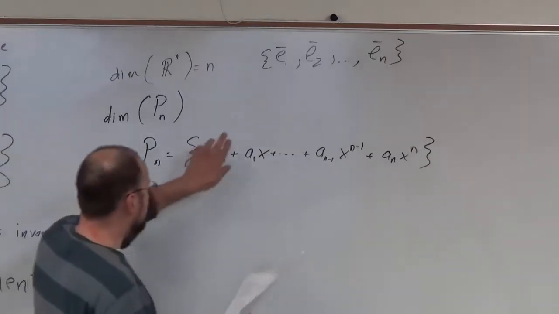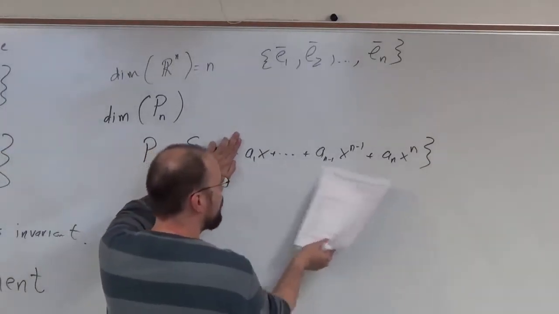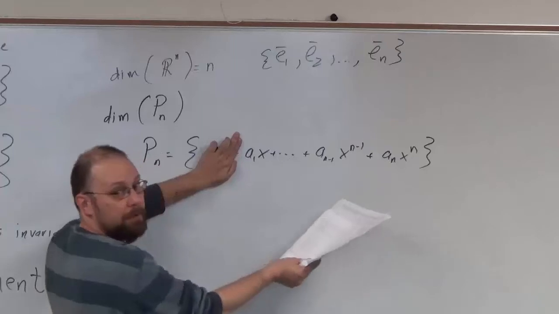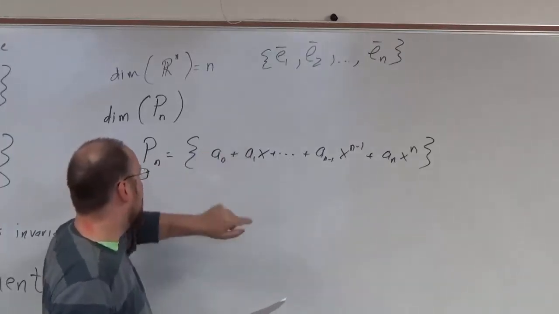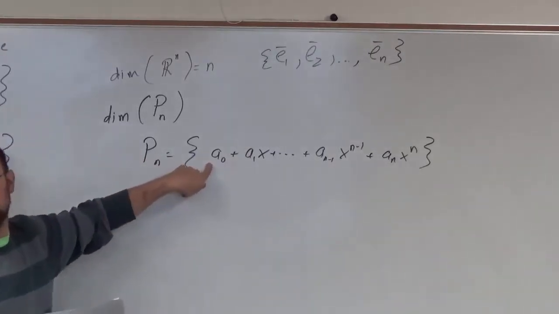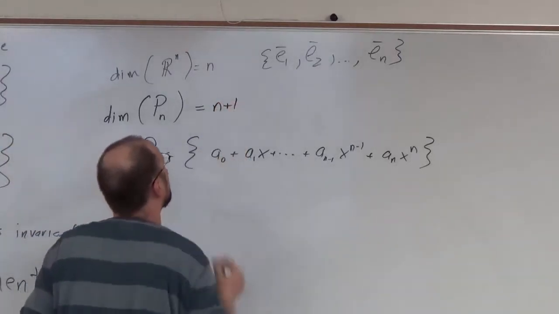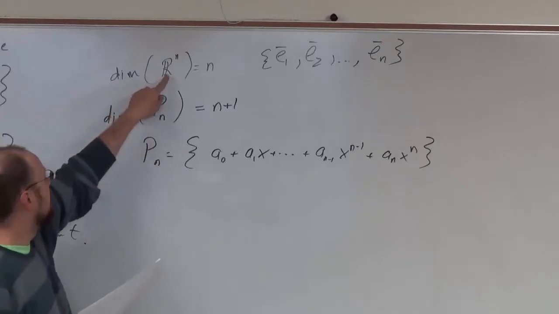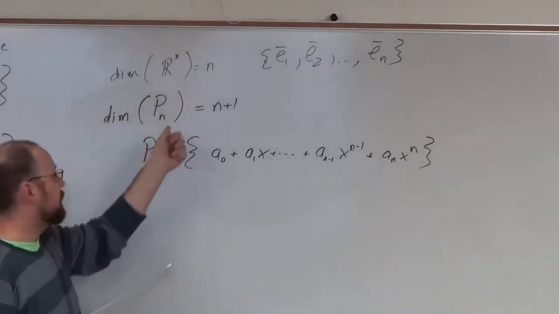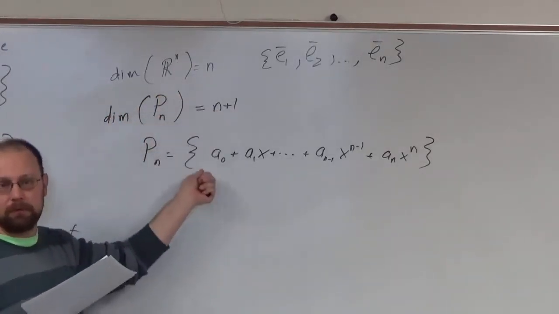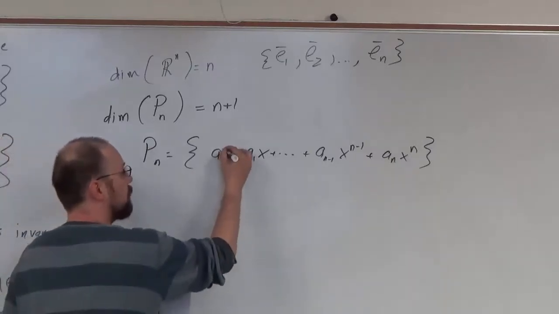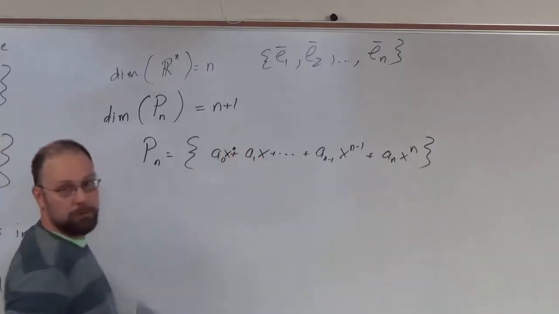So here we have, just by itself, a1 through an. That's n parameters that define some polynomial. But then you have this constant, this extra one. So the dimension is actually n plus 1. So it's good to clarify that, right? Because the dimension of Rn is n, but the dimension of Pn is n plus 1 because of this constant. Think of this as the 0th degree extra.